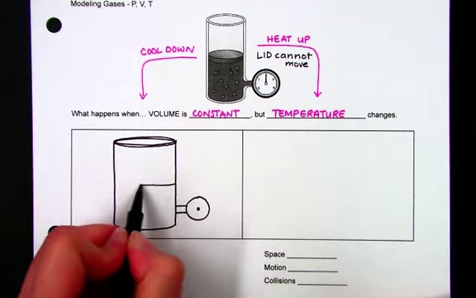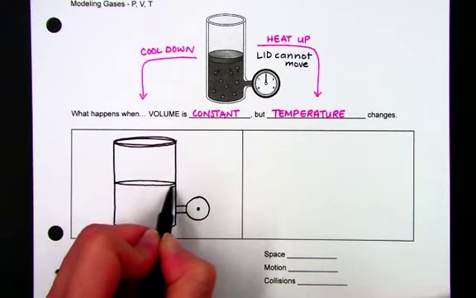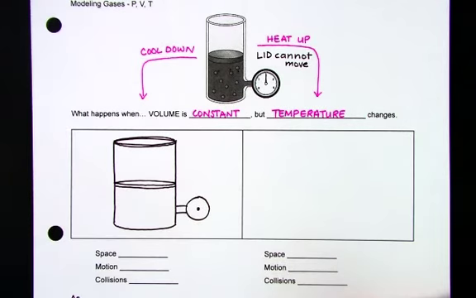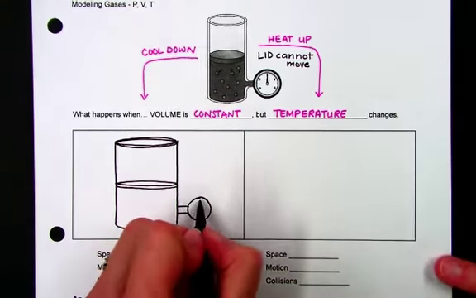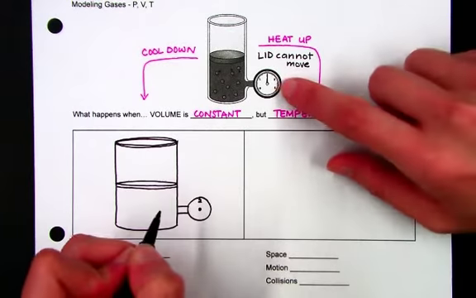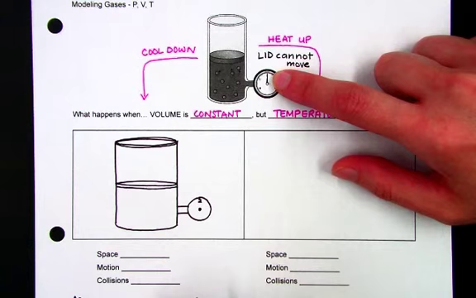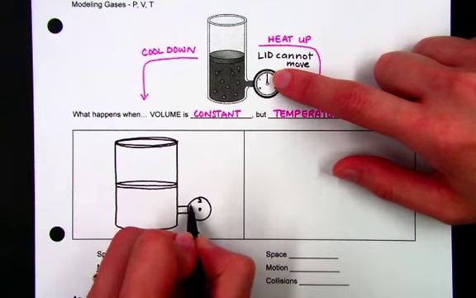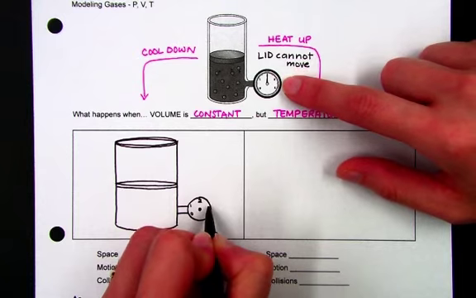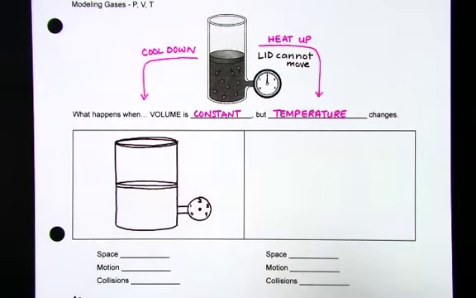Remember, this lid is going to stay kind of right in the middle. Okay? And then this is the pressure gauge. So up here in our example, or our room temperature, our medium temperature, it's at 2. I just put a 2 there. I'm going to put a 1 and a 0, and then a 3 and a 4. This measures the pressure inside our container.